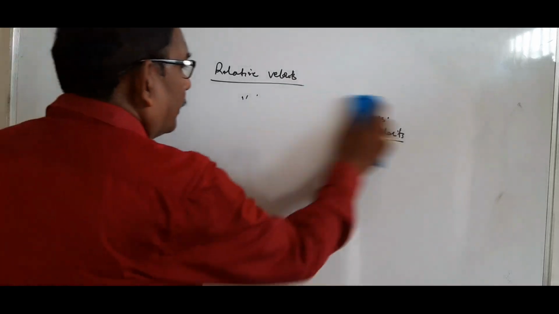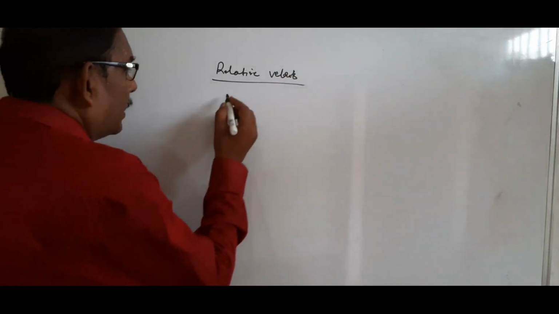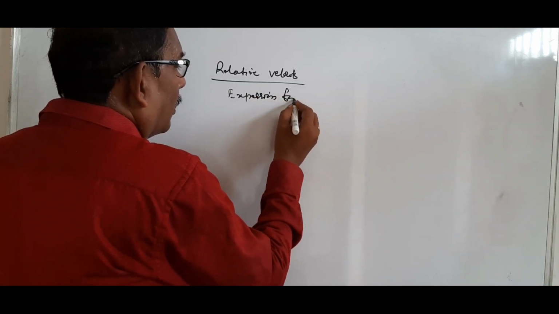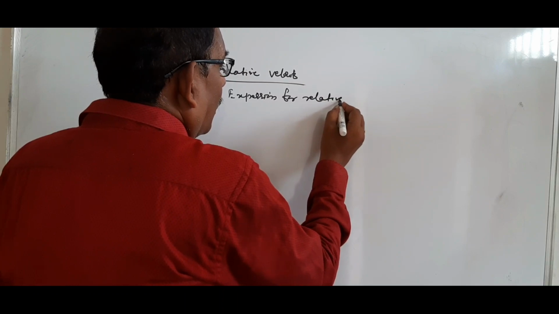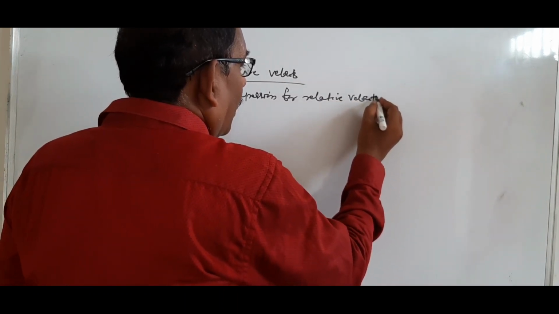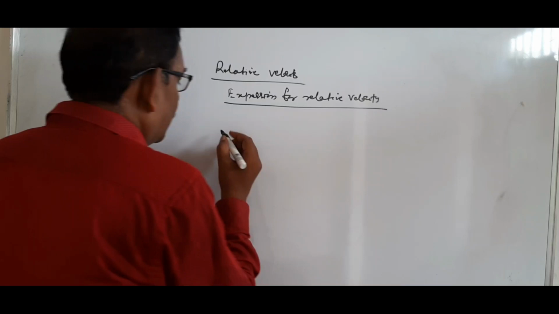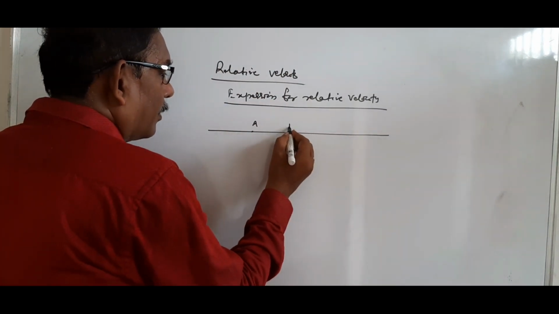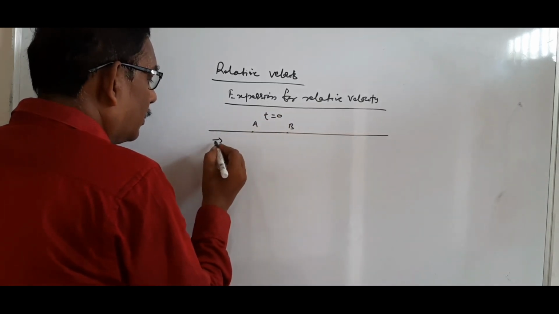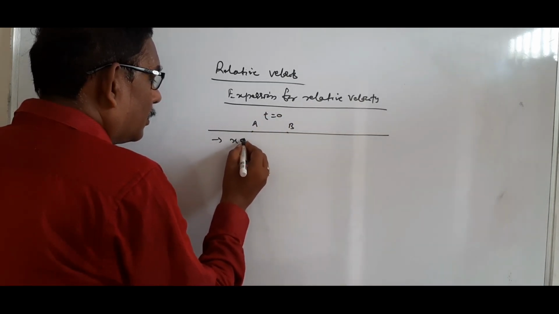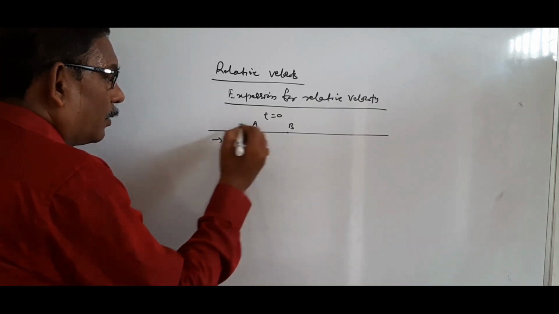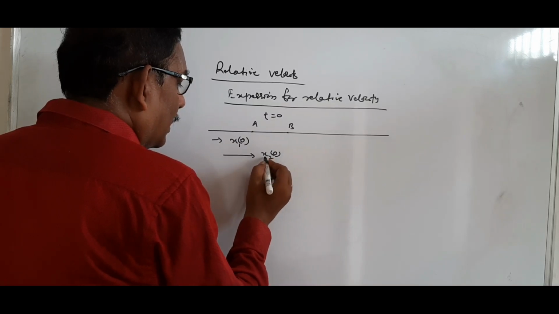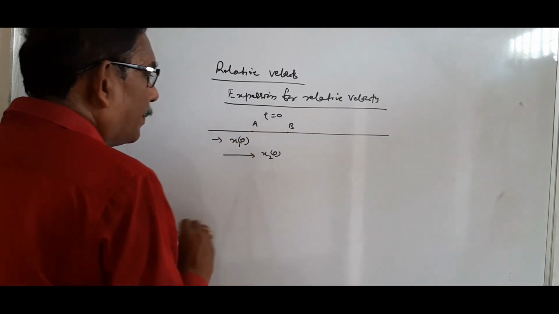So look here, expression for relative velocity. Take two bodies A and B. When t is equal to 0, the displacement is x10 for body 1 and x20 for body 2.